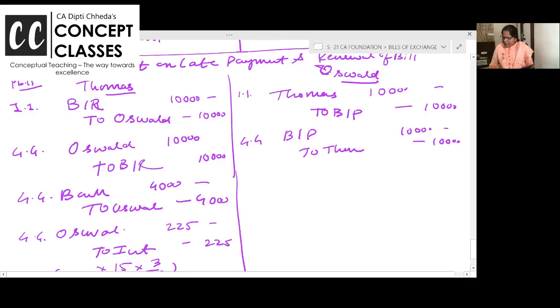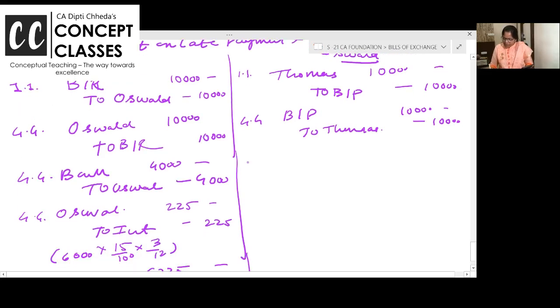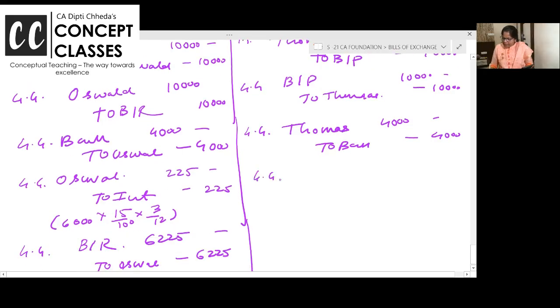Amount also. Is my writing clear? Are you writing with me? On 4th of April the bills payable got dishonored. But on the same day, Thomas account debit to bank or cash, whatever. 4,000 he gave. On the same day, he has to bear interest to Thomas.